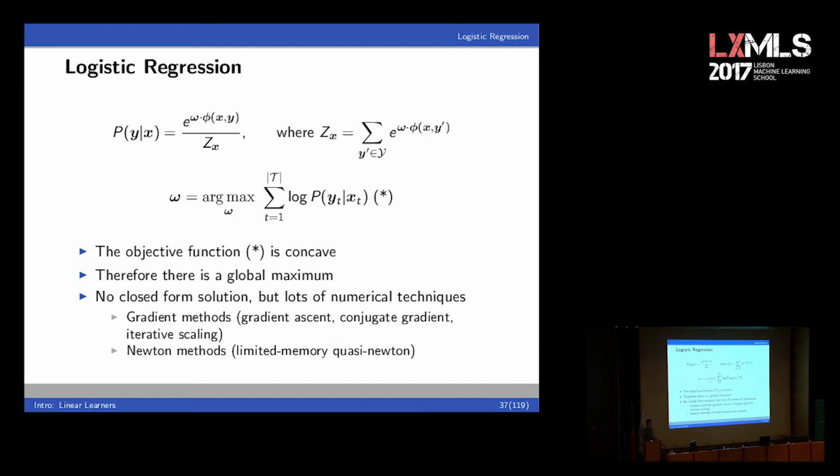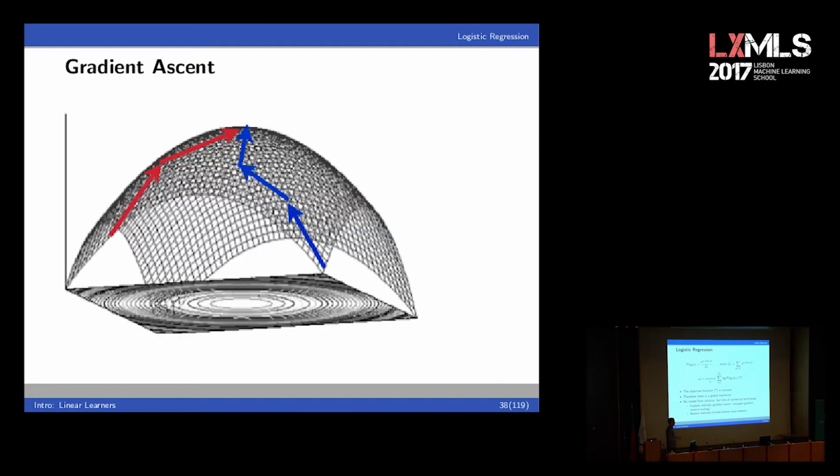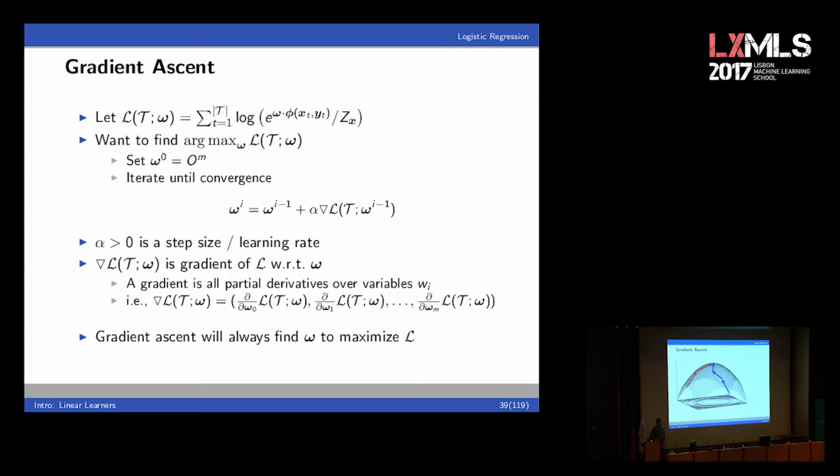So the algorithm I will talk about today for optimizing this logistic regression problem is a simple gradient ascent algorithm. So what it does is, if you have this concave function, it takes a step in the direction of the gradient to find the global maximum. Or if we turn around everything, then we do minimization. So the algorithm looks like this.